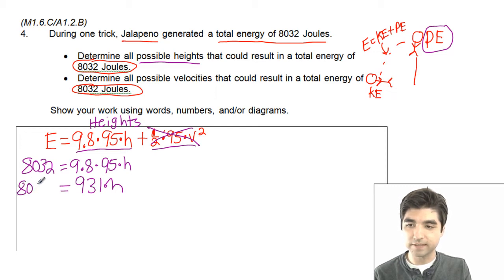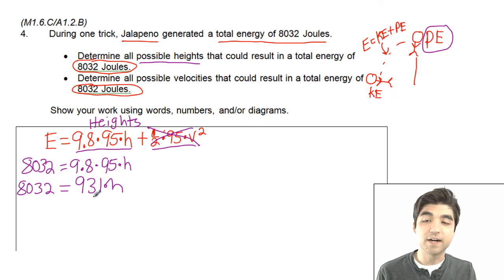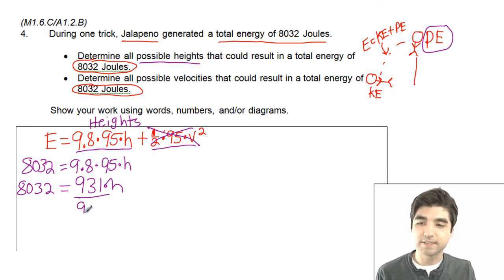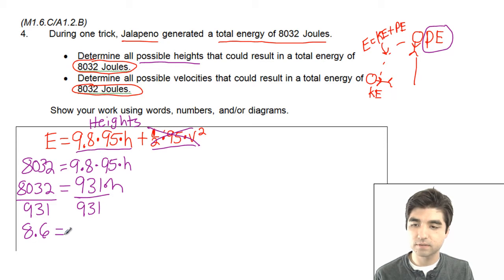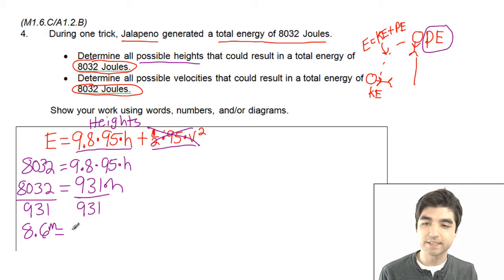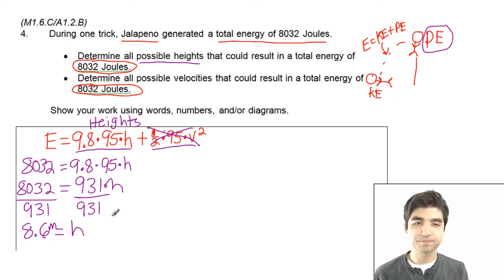And then we have 8,032. Divide to get h by itself. So 8,032 divided by 931 equals 8.6. Remember, this is meters, so 8.6 meters is the h.